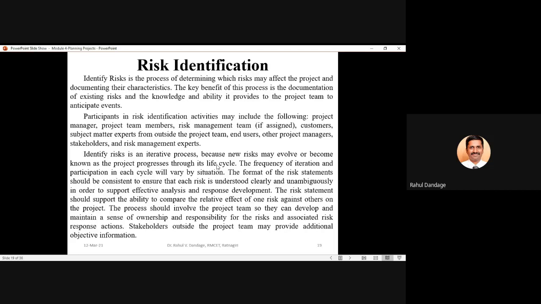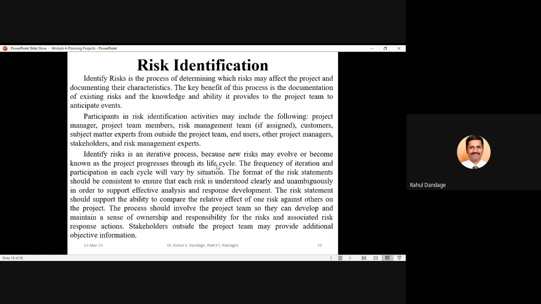Because if the risk statement is not clear, if it does not have enough clarity, then people may misunderstand the risk, people may have some confusion, and that will affect the analysis of that particular risk. It is also going to affect the development of the response strategy for this particular risk category.